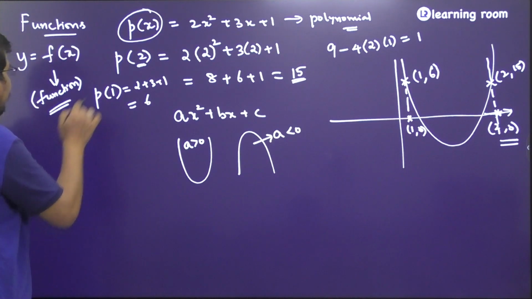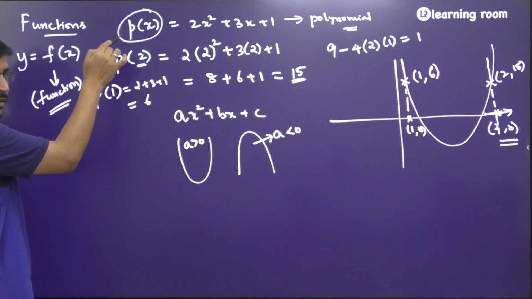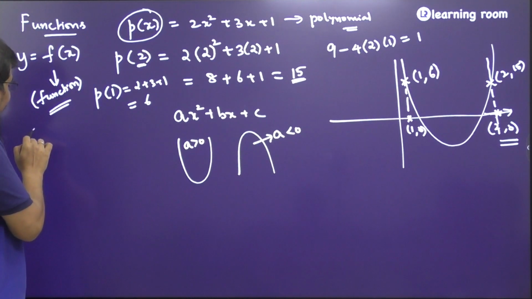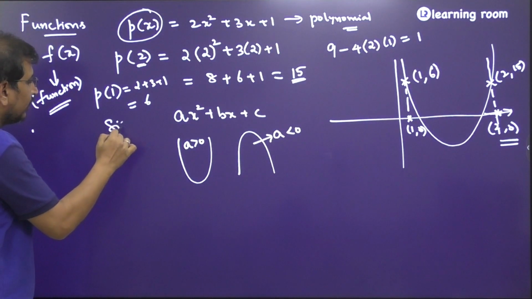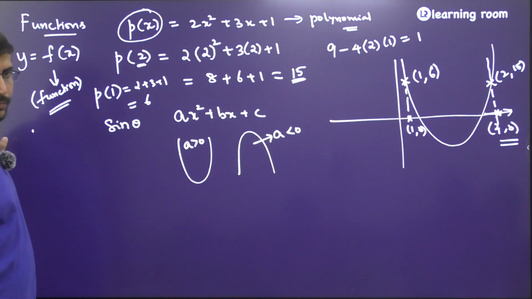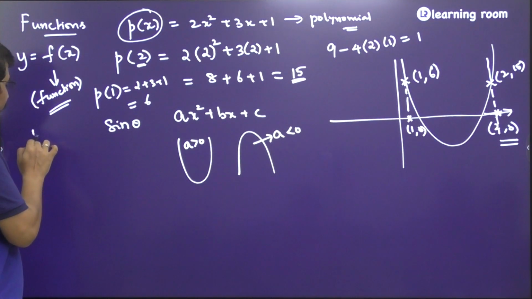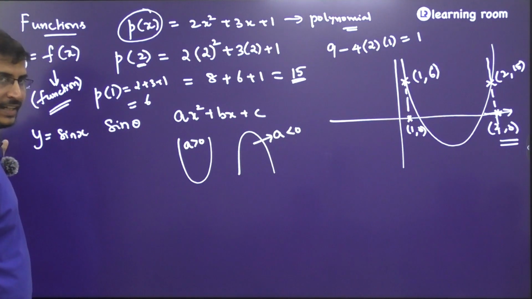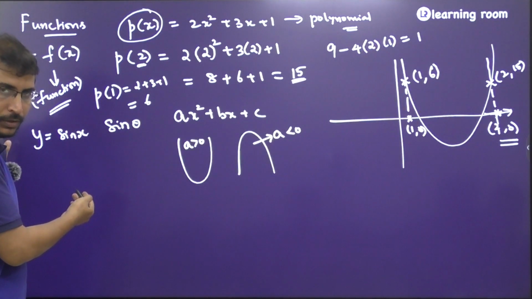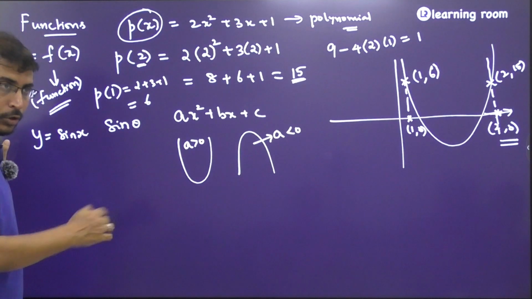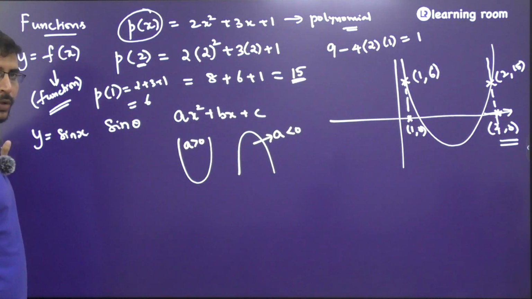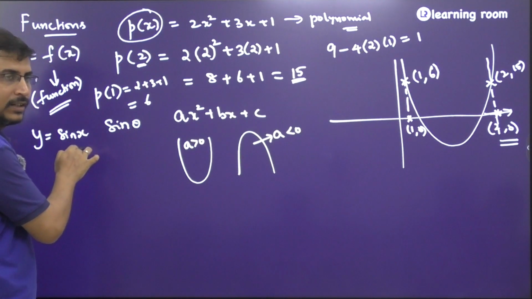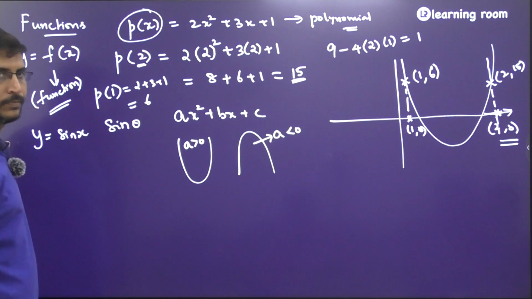See, suppose, what did I call this? What function is this? Polynomial function. It's a polynomial function. See, last year you would have learned sine theta, right? Instead of sine theta, if I write y is equal to sine of x, replacing theta with x, sine is what kind of a function? It's a trigonometric function. So that is a prefix you need to add. Instead of theta, if you write it as x, this is called a trigonometric function.